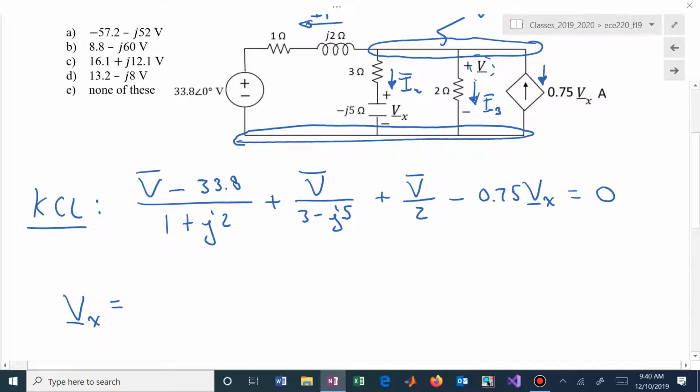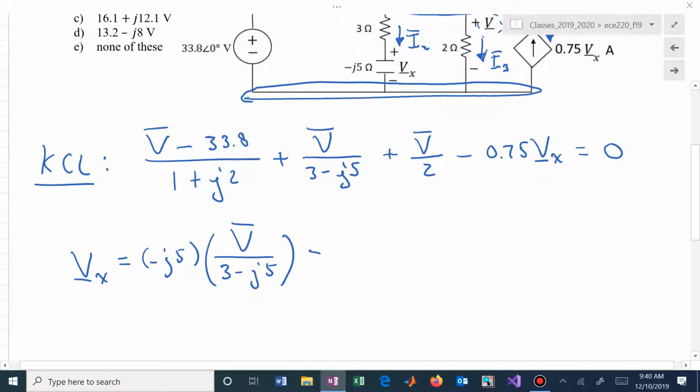So you could say this many different ways. You could say, oh, it's minus J5 times that I sub 2 bar. Or you could say, oh, that's actually a voltage divider. It's minus J5 over the total impedance times the voltage. It's the same expression.